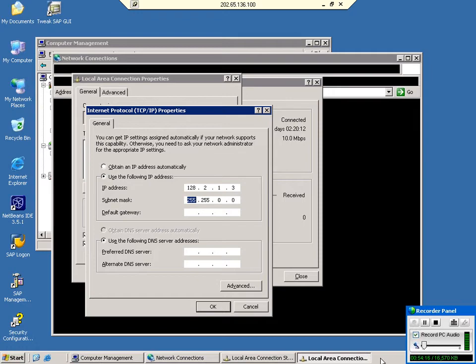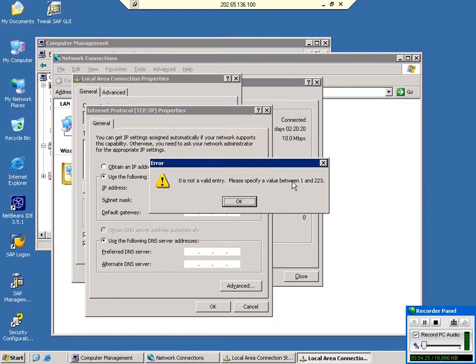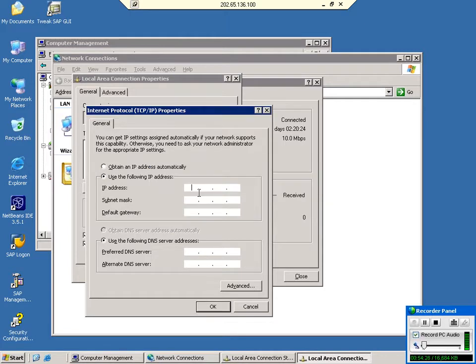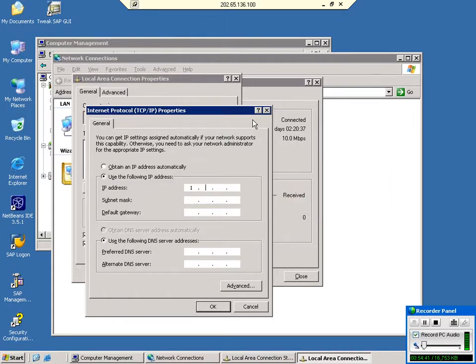IP cannot be started with 127 number because 127 is a loopback. How can I use 0? 0.0, no, 0 is not a valid entry. Specify anything 1 to 223. Let me use 127. 127 also it is not used because 127 is reserved for loopback addresses.